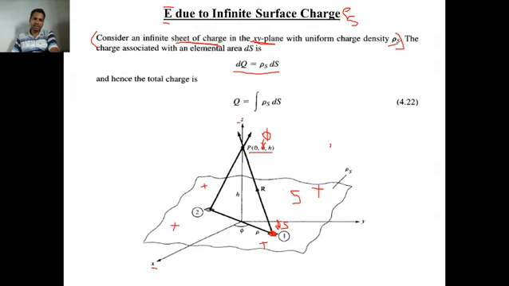So due to the differential surface, I will get differential electric field intensity dE bar, or simply dE. Once I obtain this dE due to this ds, then by integrating this dE bar, I will get the total E bar due to this total surface area.